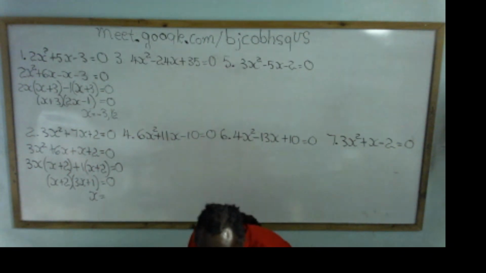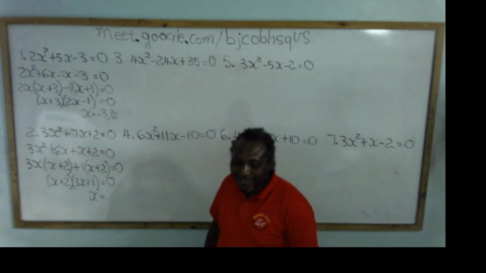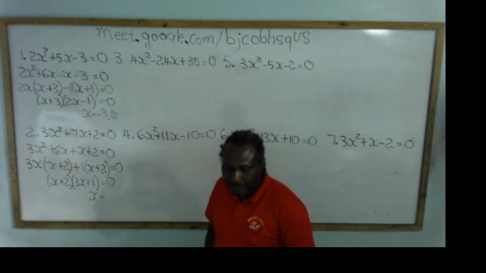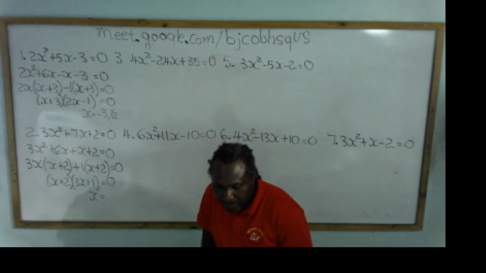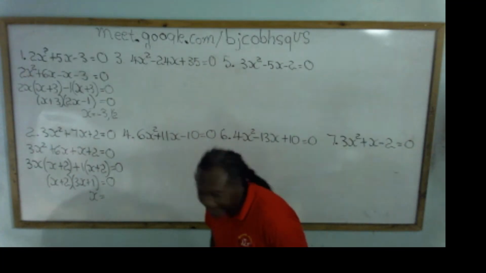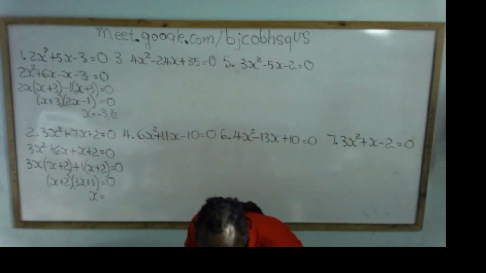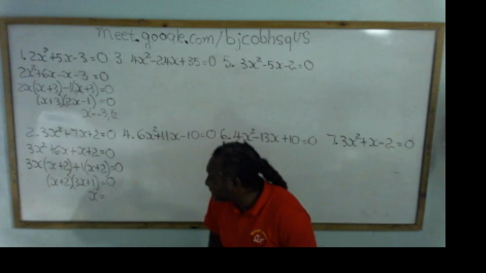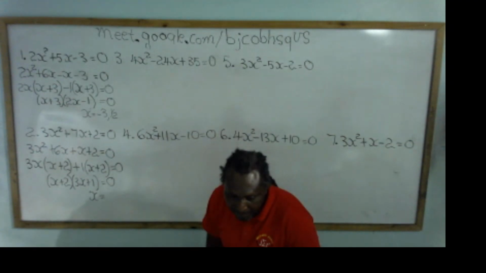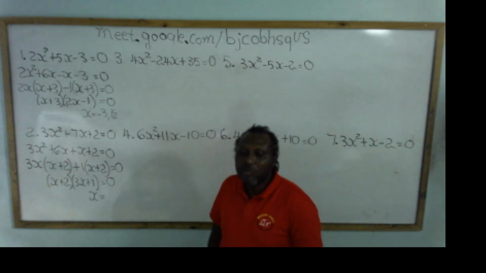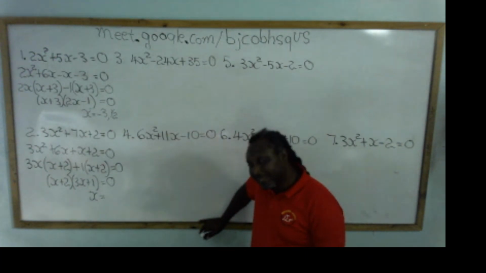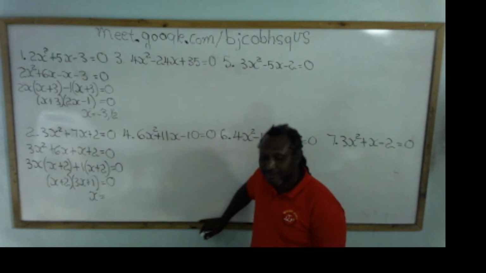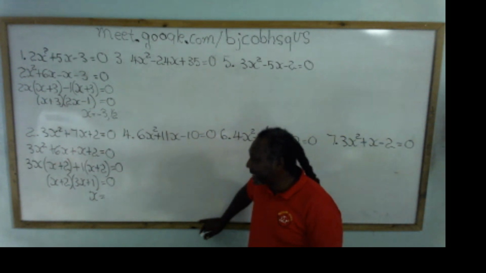Negative 2 and 1 over something. All right, that's nice. Students, you have to exercise presence of mind.